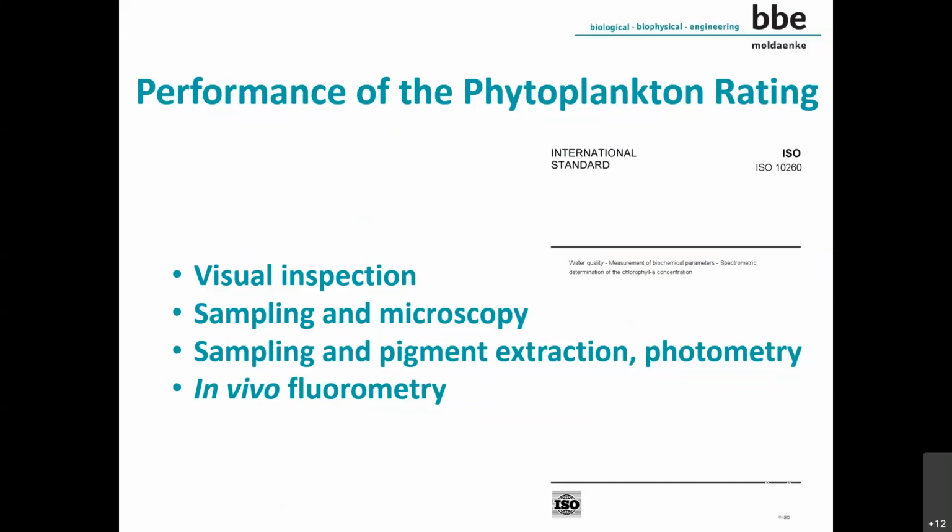The other one, which is quite famous and probably also used mostly, also in the Netherlands, I know this, is sampling and pigment extraction with organic solvent, and afterwards photometry. I have it here. This is, for example, in the international standard ISO, where the water quality is measured with biochemical parameters. We have here the spectrophotometric determination of chlorophyll A.